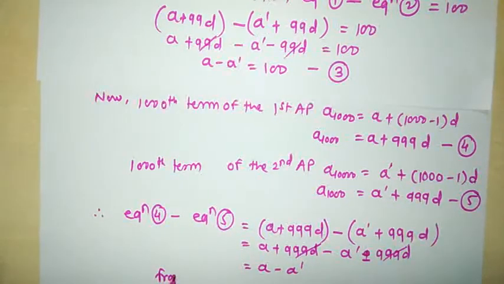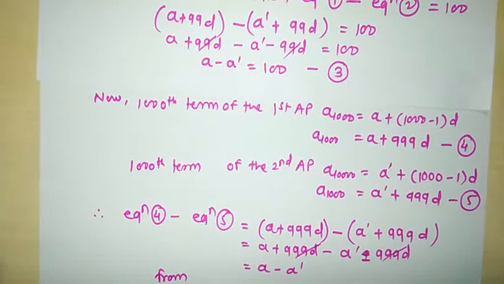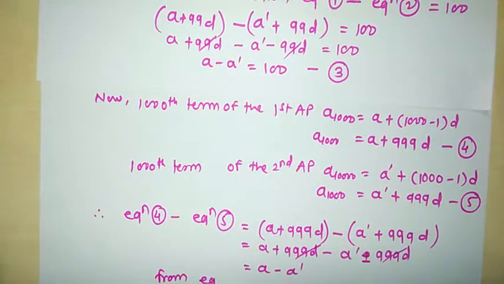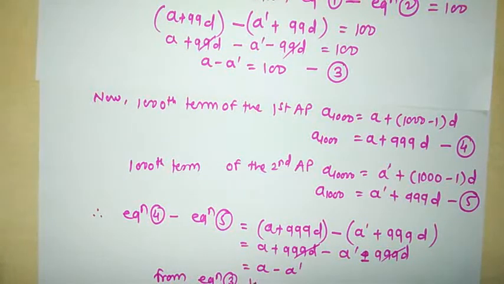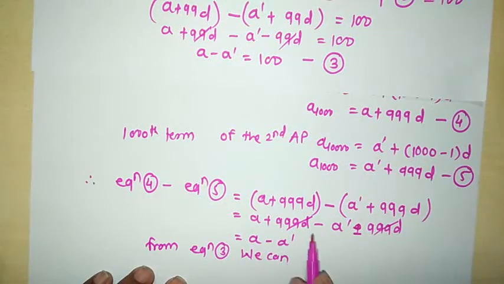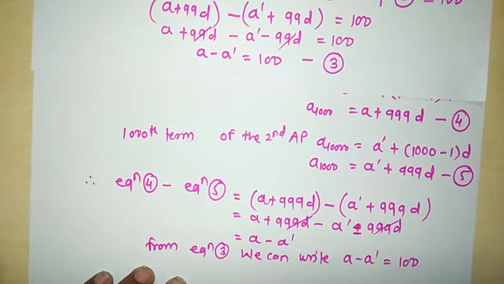From equation 3 we can write a minus a dash is equal to 100.